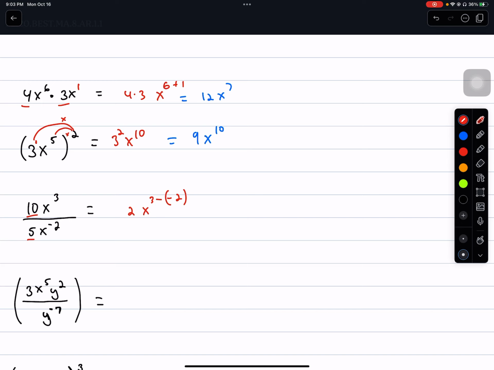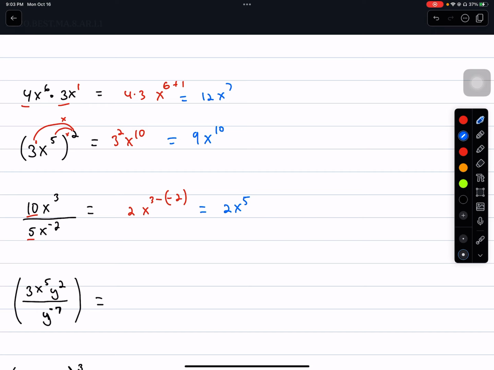And the reason why I have -2 here is because if you look in the bottom here, you have -2. So in this division, in order to divide exponents with the same base, we're going to subtract. So minus -2. All right, so this is going to give me 2x to the 5th power.